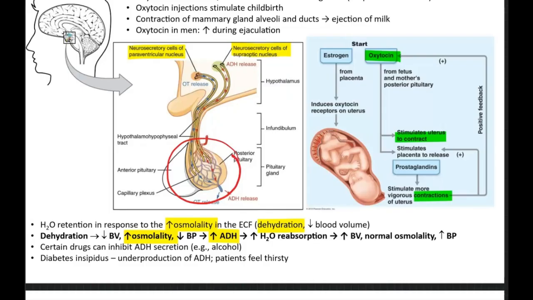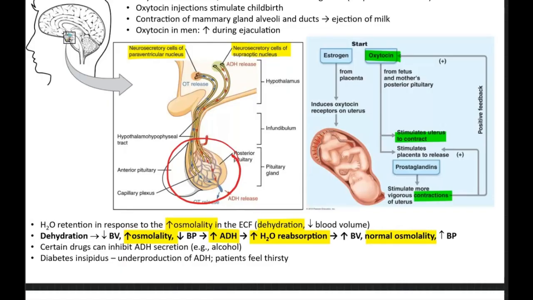That results in increased reabsorption of water in the kidneys. So kidneys take the water out of the urine and bring it back into the blood. Okay? That brings the osmolality back to normal.